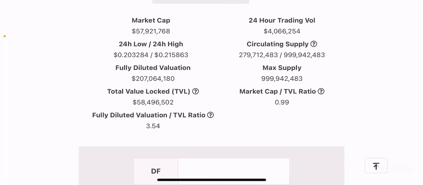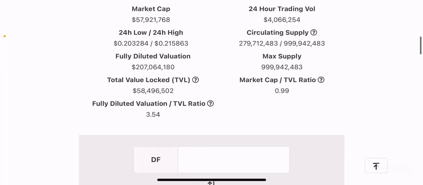So that means you will be able to see some long-term, decent price slumping because of the circulating supply and max supply difference. And since this token has a huge max supply, I think there's going to be a lot of dilution in the short term at least. So please bear that in mind before you invest in this token, right?